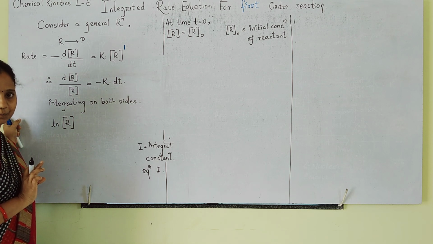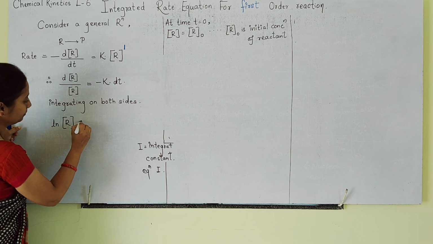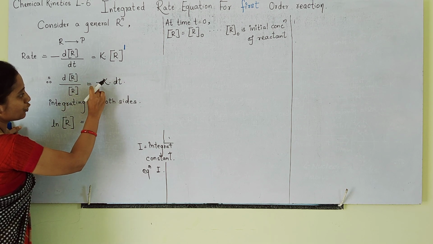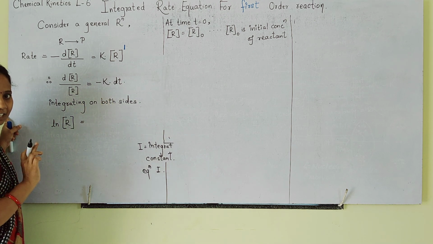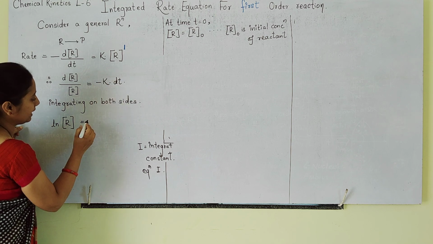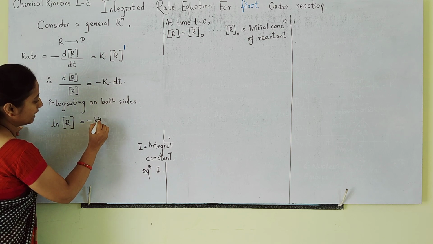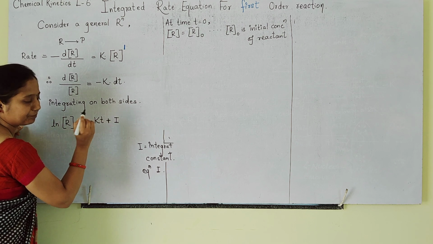Natural logarithm. Okay, ln R is equal to integration of minus k into dt. This integration in the previous derivation also we have seen. Integration of minus k into dt is minus kt plus I.